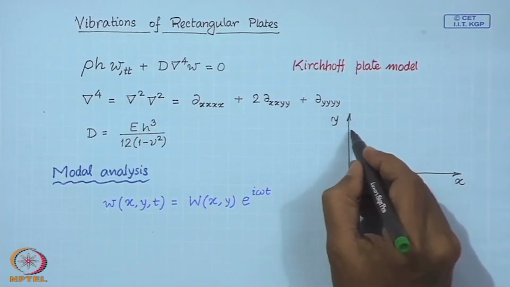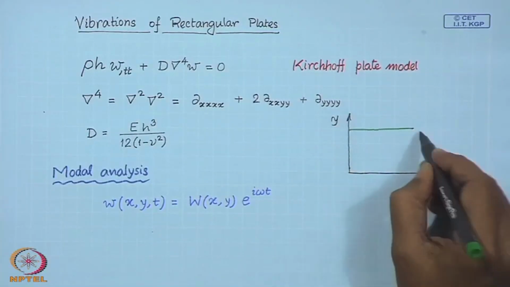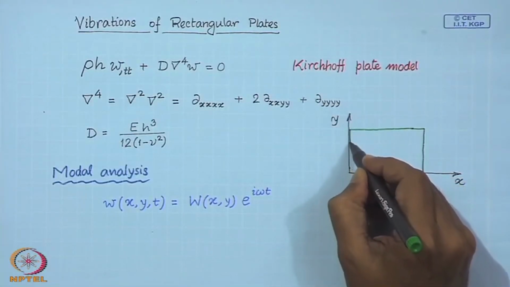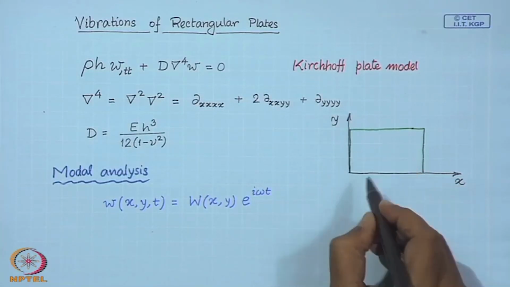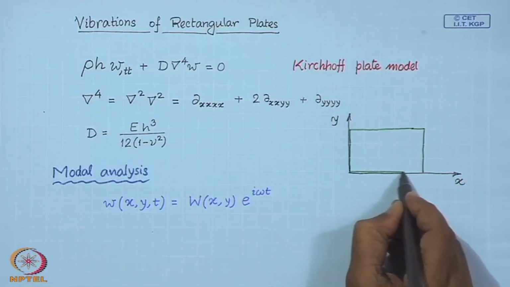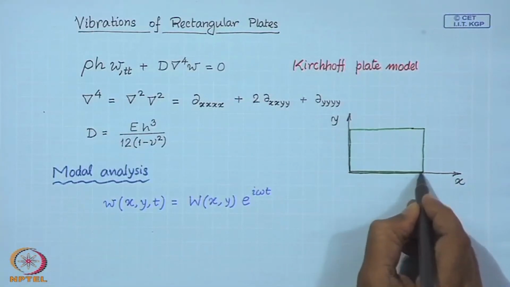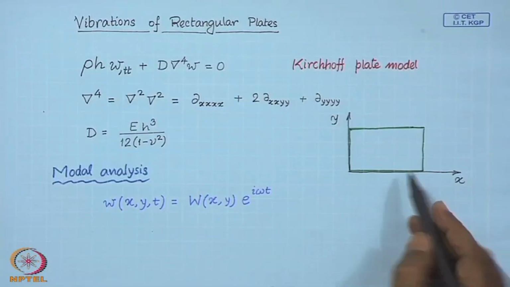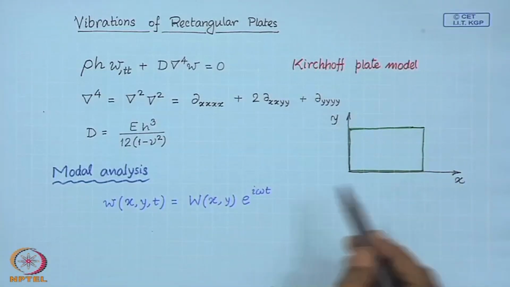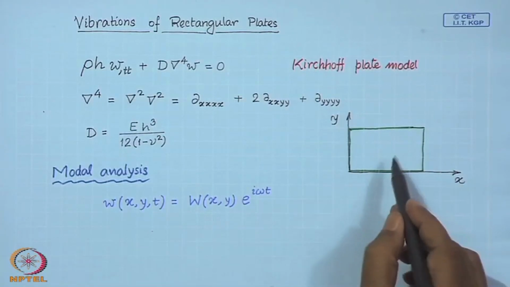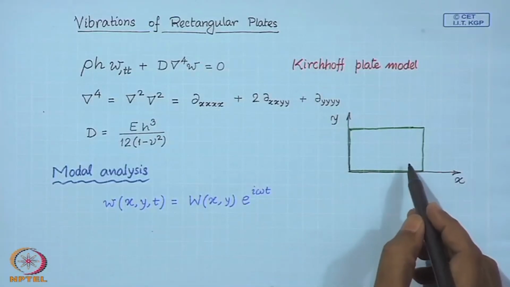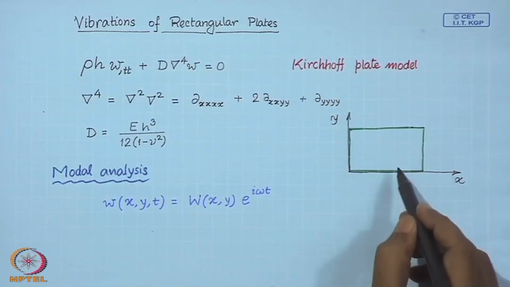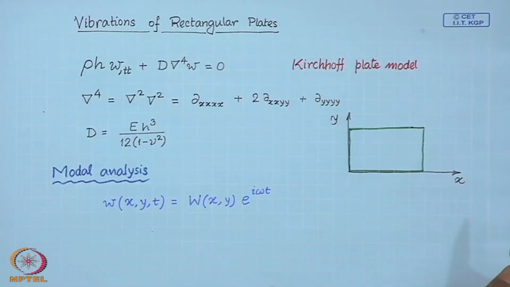have a plate lying in the xy plane, and the displacement, the field variable w, is measured transverse to this plane, which means perpendicular to the plane of the paper.